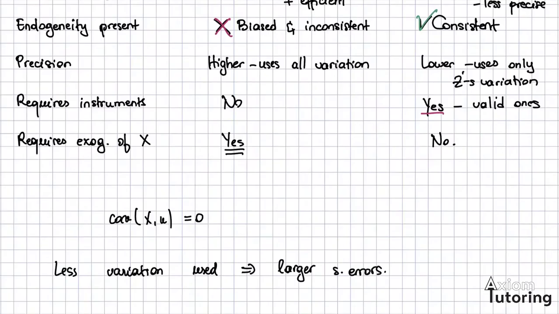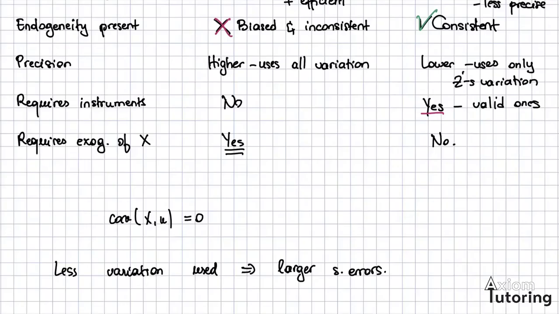Think of it like estimating a slope with fewer data points. OLS uses the full scatter. IV uses only the subset of variation that Z created. So the more the instrument explains X, the stronger the first stage, the less precision is lost. This is why a strong first stage matters for precision as well as for consistency.